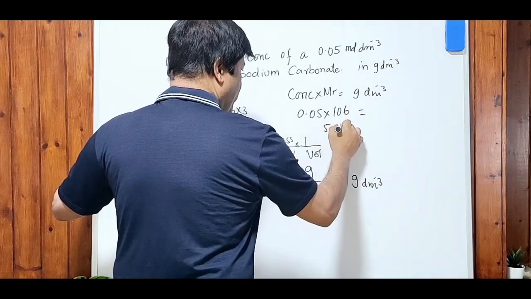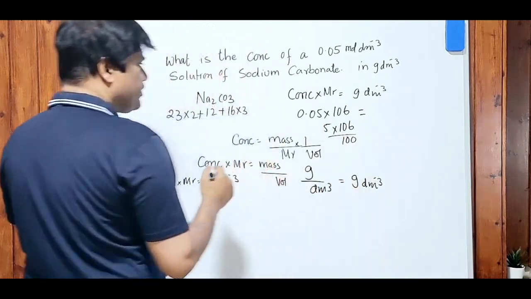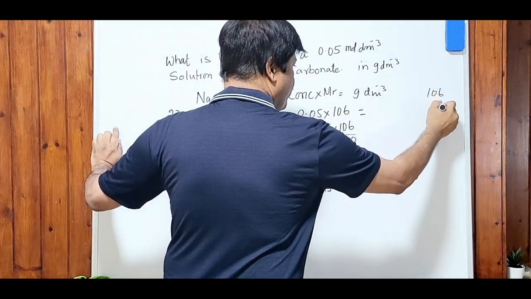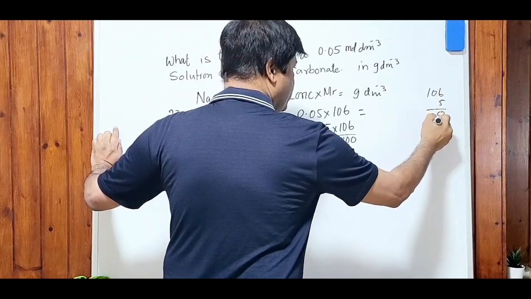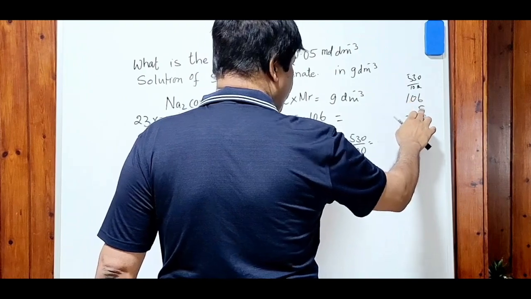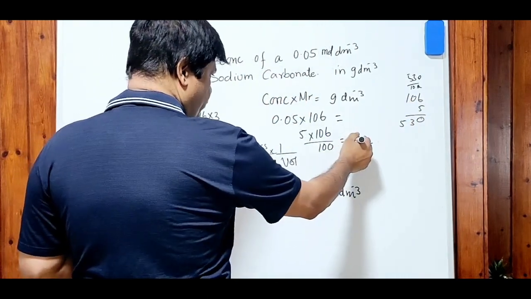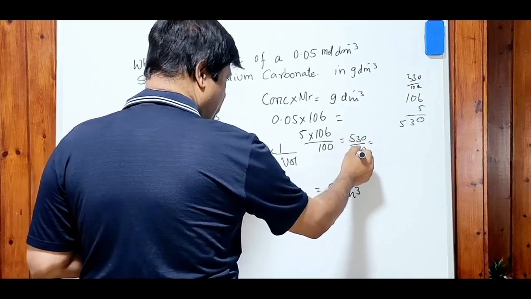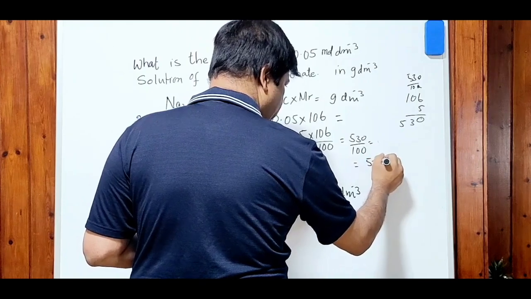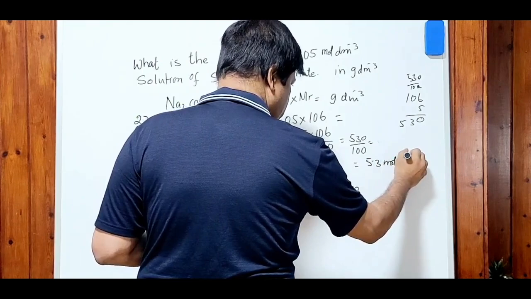So 0.05 times 106. How much is 5 times 106? 106 times 5 is 530. So 530 divided by 100 gives 5.3 gram per dm cube.